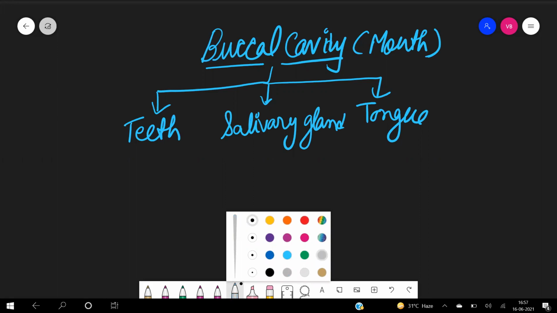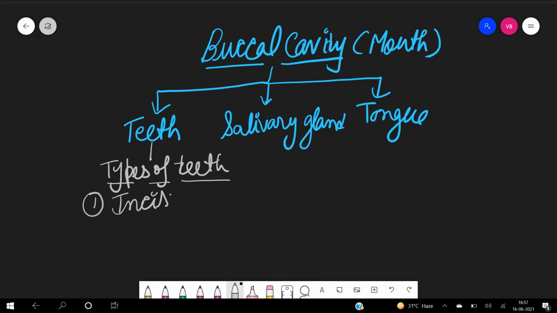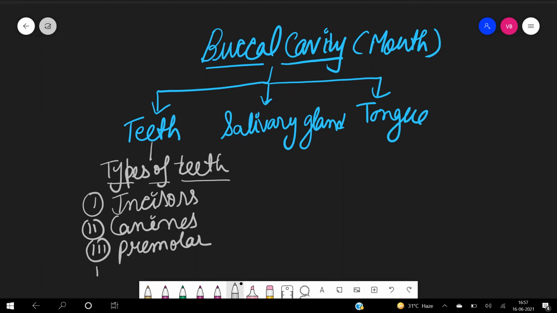First of all, we should know how many types of teeth are there. Types of teeth. We have 4 types of teeth: incisors, canines, premolars, and molars.